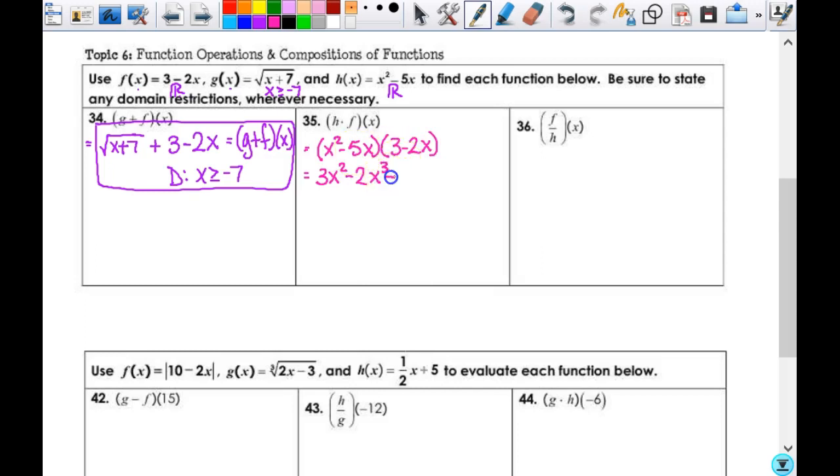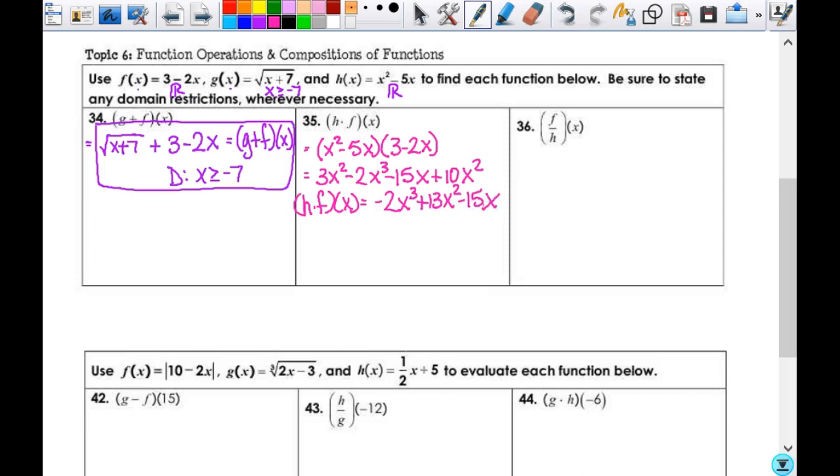The inside 2 would give me negative 15x. And then the last 2 will give me positive 10x squared. So then I need to combine my like terms and rearrange this in order. So h times f of x is equal to negative 2x cubed plus 13x squared minus 15x.